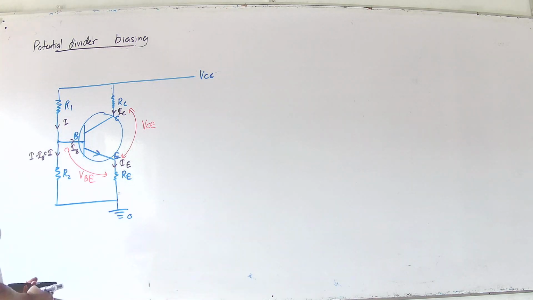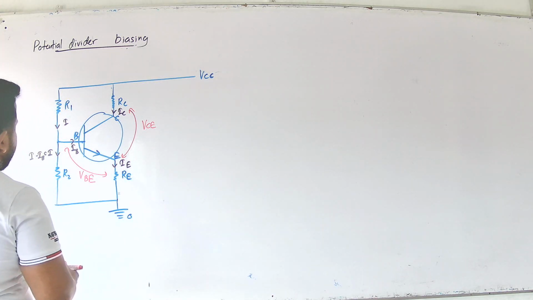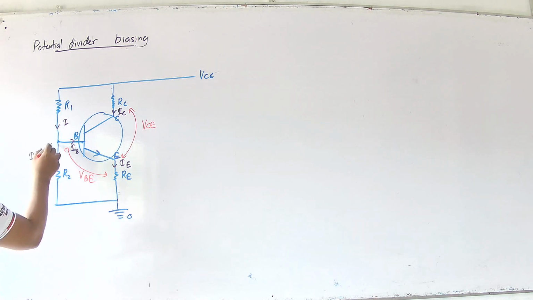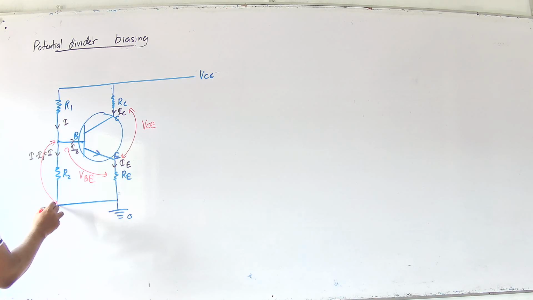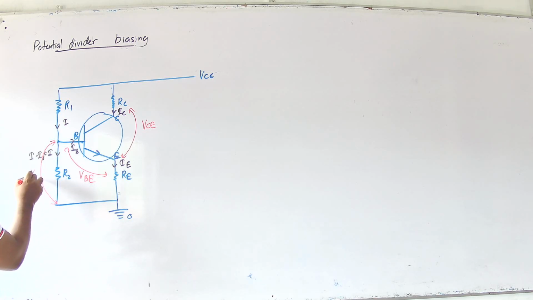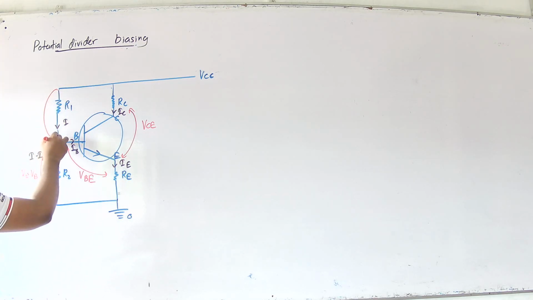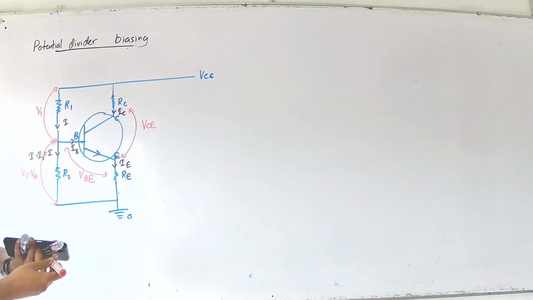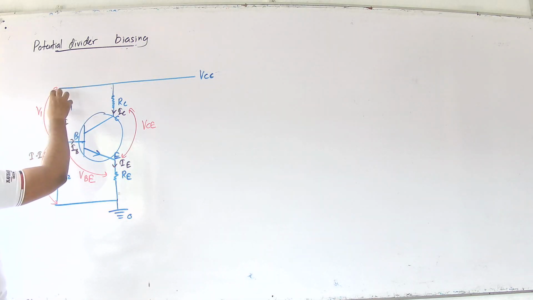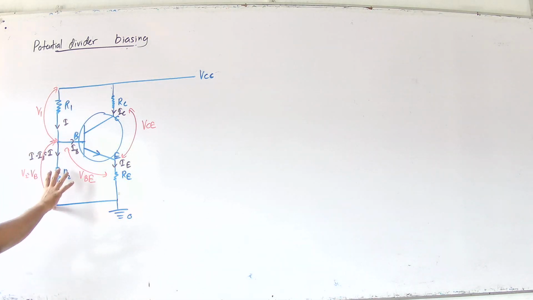Then we have to note down the potential difference between these terminals. This is 0. I will take this as VBE, so this is VB, which I will call V2, and this is V1. So I need to divide the VCC potential across R1 and R2.